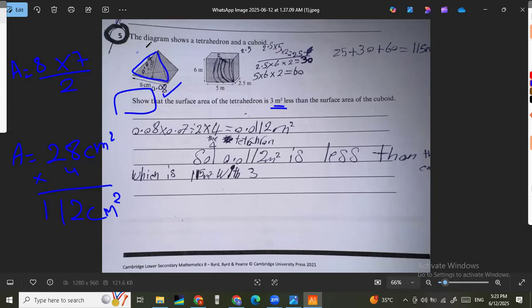So 0.08 and 0.07, you multiply them by each other, then divide the answer by 2. Or we could have done another thing. We know that from centimeter to meter, you divide by 100, right? But from centimeter squared to meters squared, we're going to divide by 100 squared, which is dividing by 10,000.